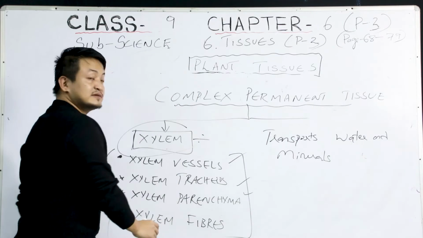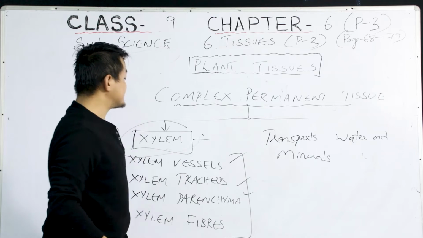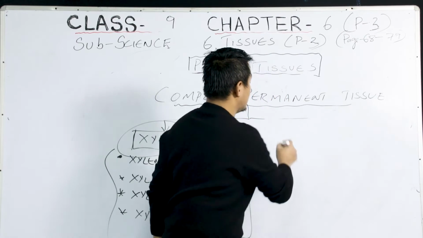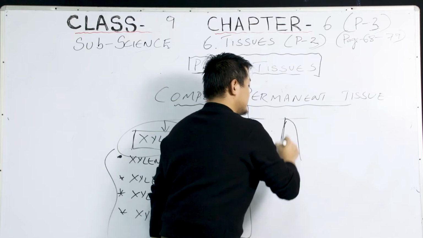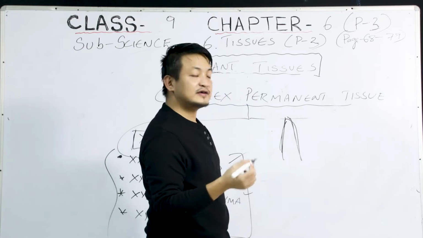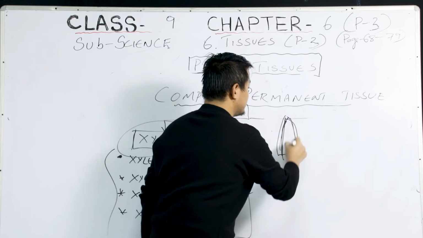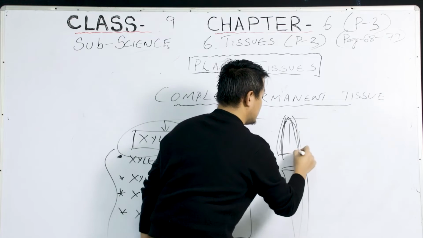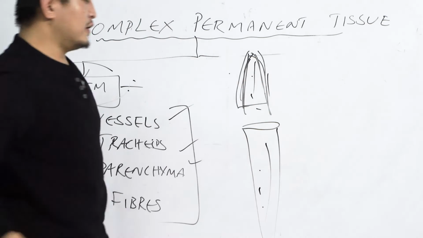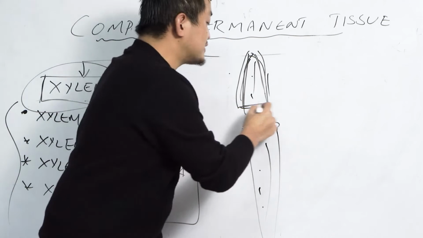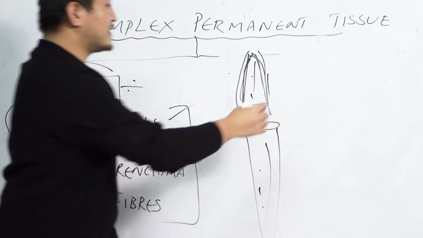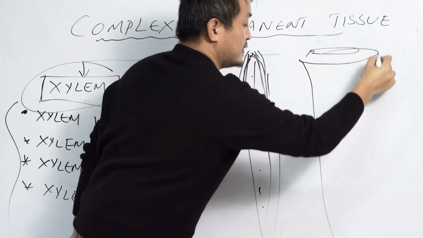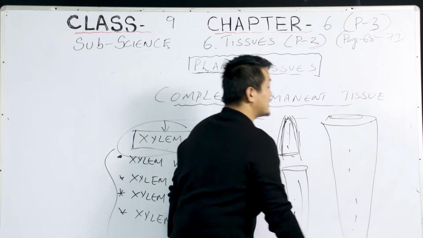Now these are the four types. I'll show you these xylem vessels and xylem tracheids. It is tubular in structure. This is one such structure, and it can be in this way.